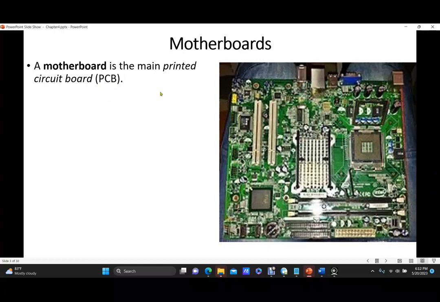there is a main printed circuit board, PCB, called the motherboard.